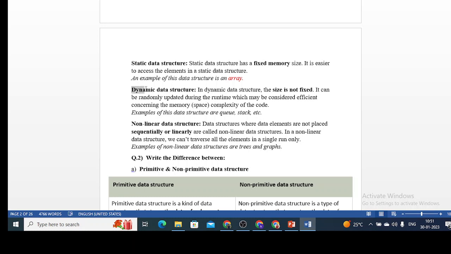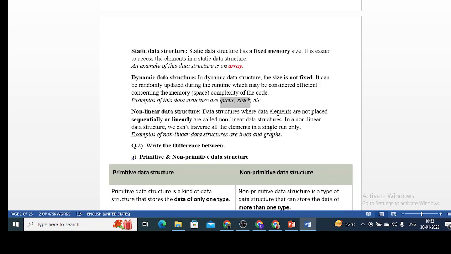Now the word dynamic means changing, which modifies. In a dynamic data structure, the size is not fixed. It can be randomly updated during the runtime, which may be considered efficient concerning the memory complexity of the code. Means as per your requirement, you can modify it during the runtime also. For example, you have stack, queue, so forth.